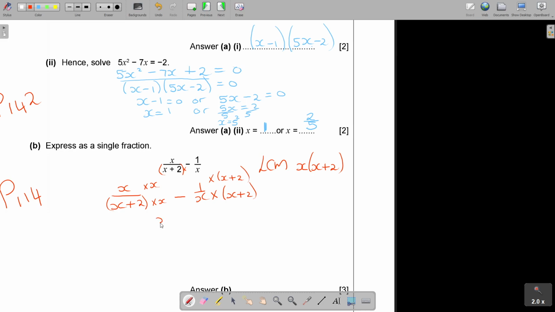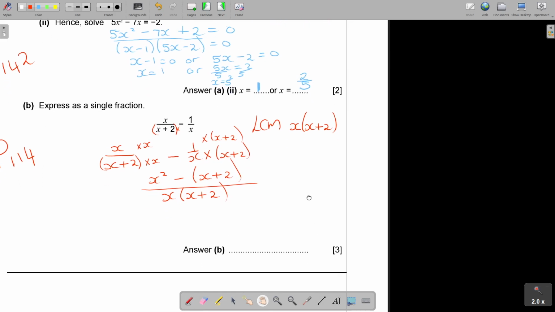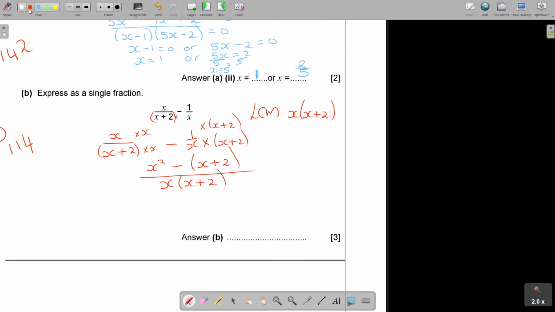And then I'm having x squared minus, okay, bracket x plus 2 over my LCM. It should be my LCM, otherwise I made a mistake. And then it's going to be x squared minus x minus 2 over x plus 2.